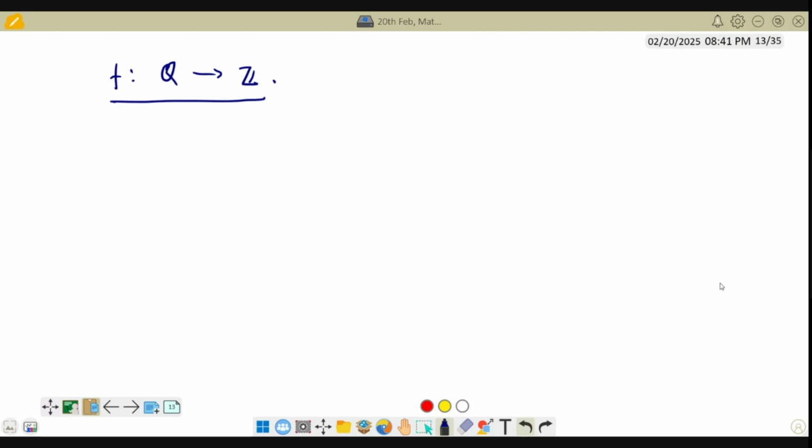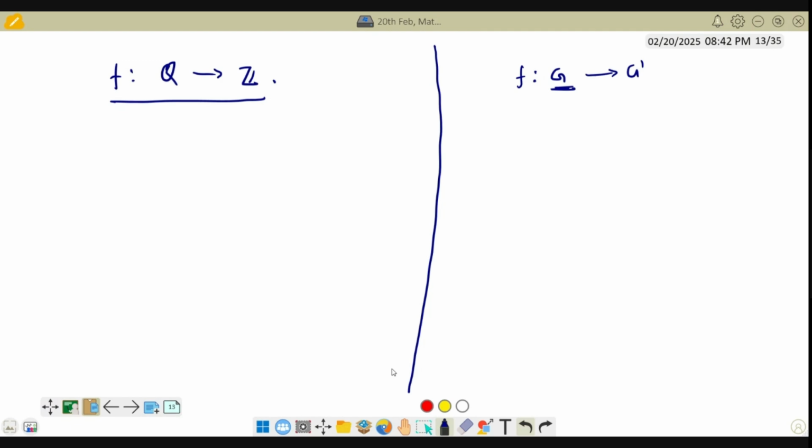I think there is no group homomorphism between them. Why? Because Q is not generated by any one element. So if you have G to G prime, if G is not cyclic, then there will be no homomorphism. That's the claim.